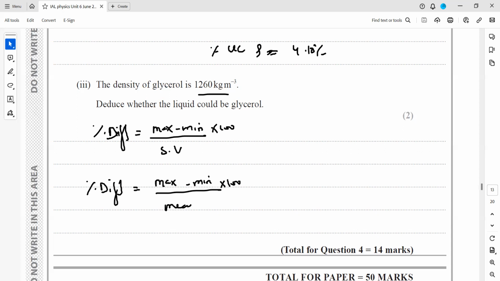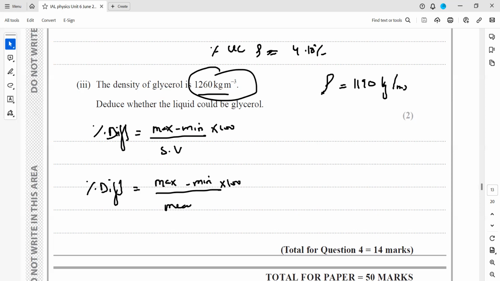But in this case, we have a standard value for glycerol. The standard density of glycerol is 1260. And when we did this experiment, our value was the last value which we calculated, 1190 kilogram per meter cube.